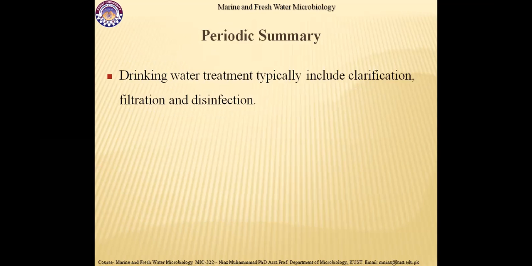Drinking water treatment typically includes, number one, clarification, removal of solid suspended particles, removal of flocs, removal of sand, silt, gravel; second, filtration, removal of all microscopic particles, whether biological or abiological; and third, disinfection, removal of all pathogenic microorganisms from water by adding a chemical agent such as alum, chlorine, or ozone, or by using UV light.